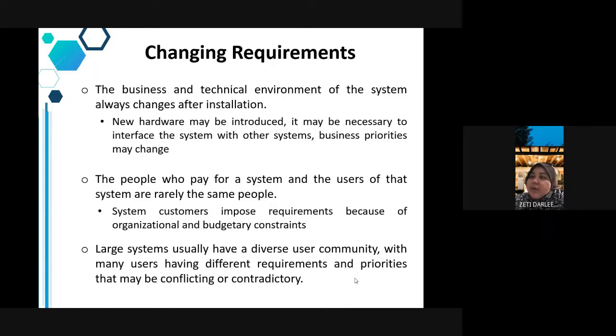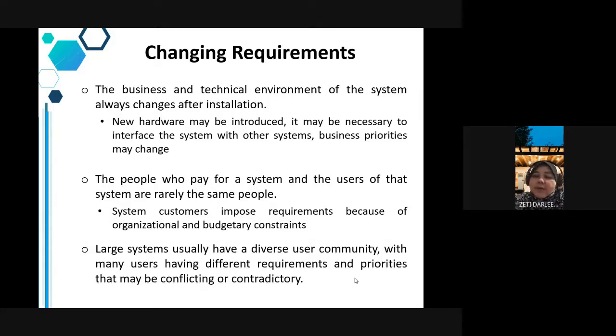The next point is the people who pay for the system and the users, orang yang bayarnya and orang yang mengguna sistem tu basically different people. So when different people, dia punya appreciation and dia punya usage is totally different.